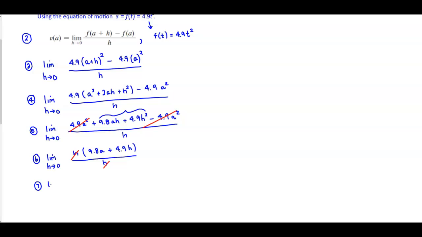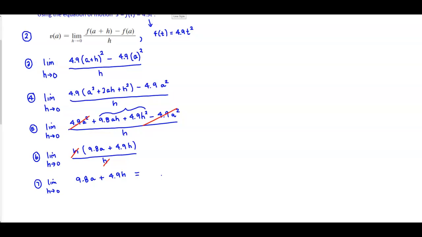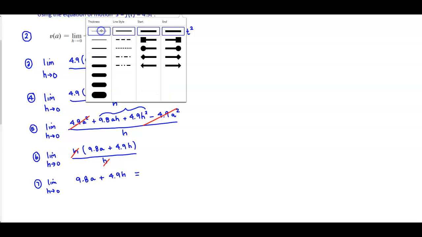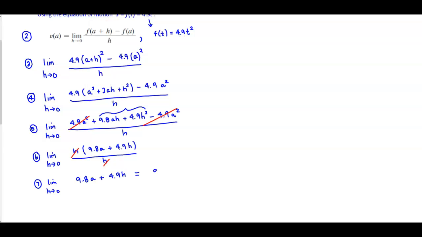So now we have the limit as h is approaching 0 of 9.8a plus 4.9h. So now if we evaluate this limit, then we have 9.8a plus 4.9 times 0, which gives us 9.8a.